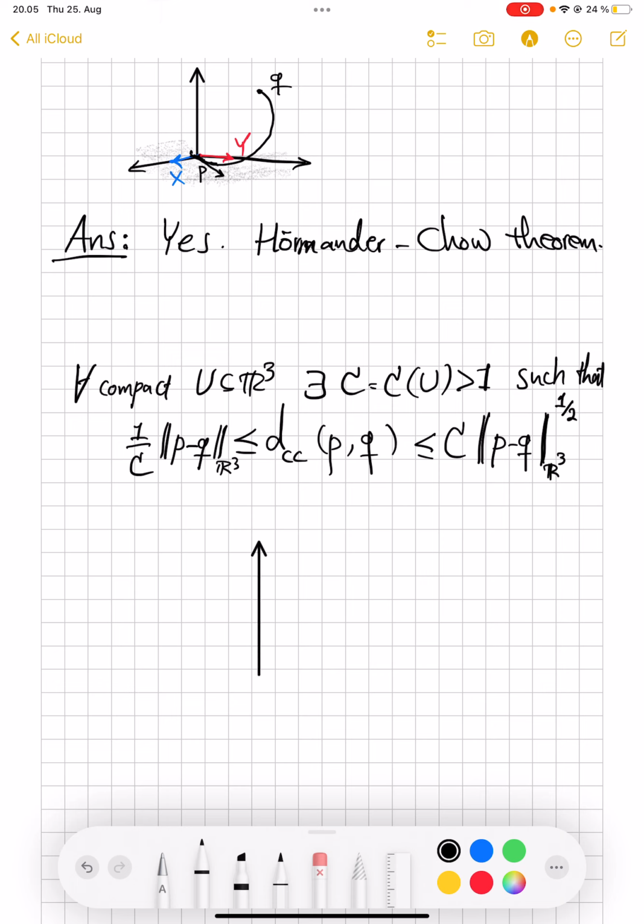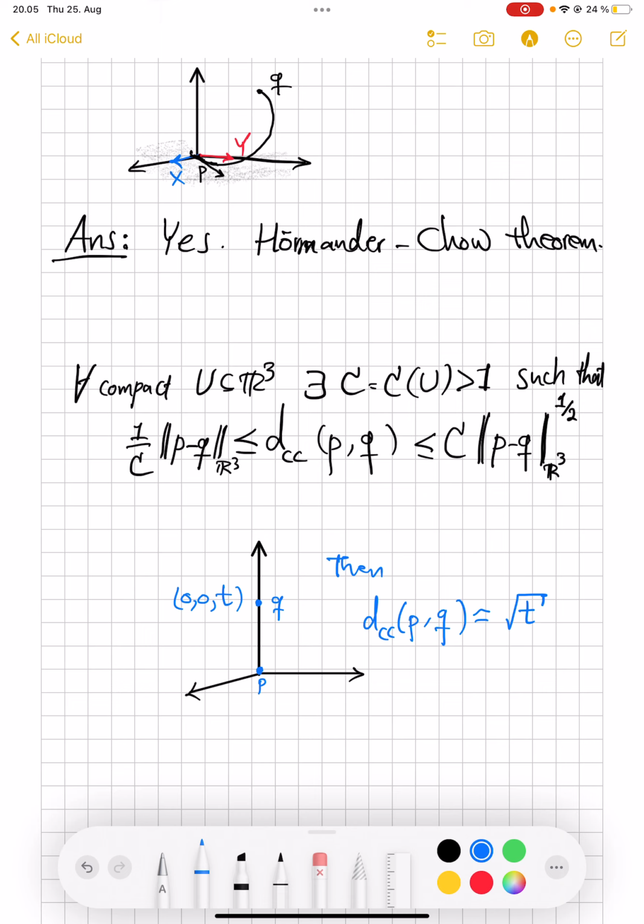But one thing that we see here: the upper bound is sharp. In fact, in our case, if you have 2 points along here on the vertical axis, let's say one is the origin and the other one is (0, 0, t), then the Carnot distance of P from Q is either equal, depending on the parameters, or proportional to root t.